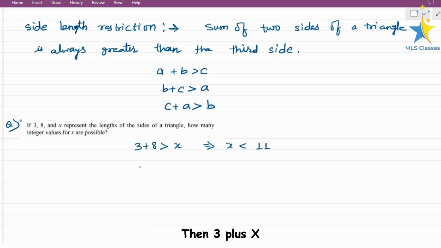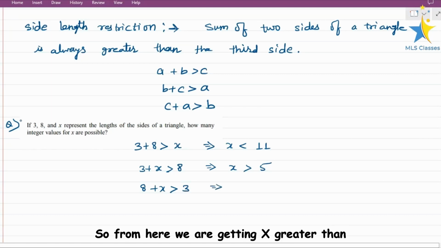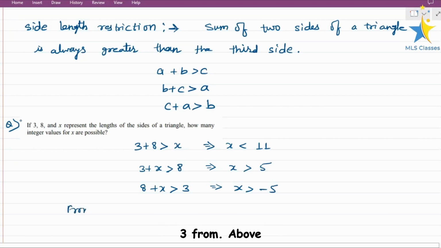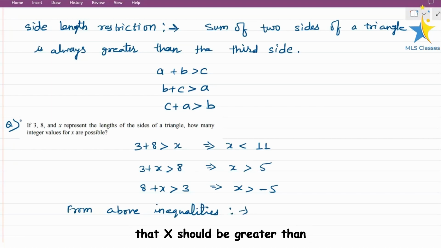Then 3 plus x should always be greater than 8. So from here we get x greater than 5, on subtracting 3 from both the sides. And 8 plus x will always be greater than 3, so from here we get x greater than negative 5. On combining these three inequalities, we can say that x should be greater than 5 but less than 11.